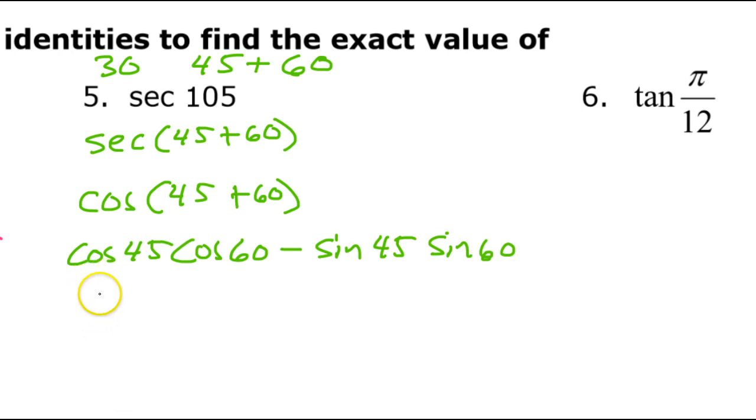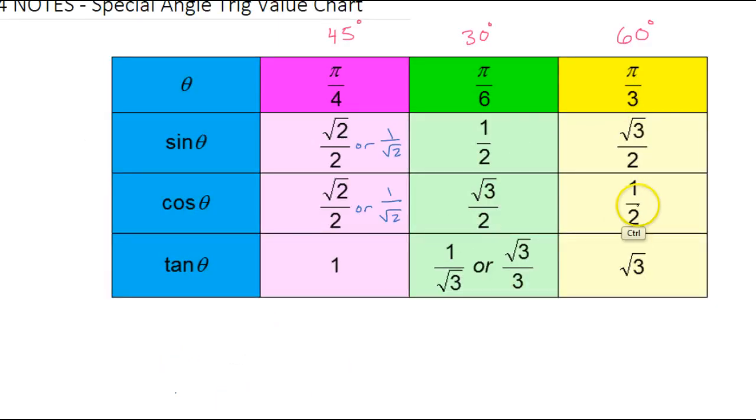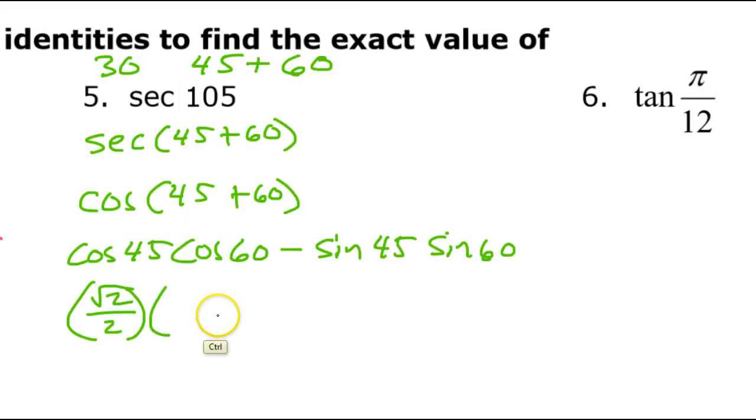Cosine of 45 we have memorized is radical 2 over 2. Okay, cosine of 60, that is 1/2. Again, make sure you have memorized all of the values on this chart, so you should not have to look back at this chart. But I'm just doing that for instructional purposes, just in case you have not memorized the chart yet.